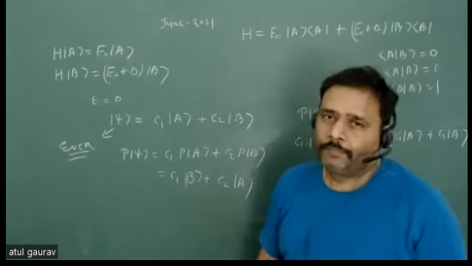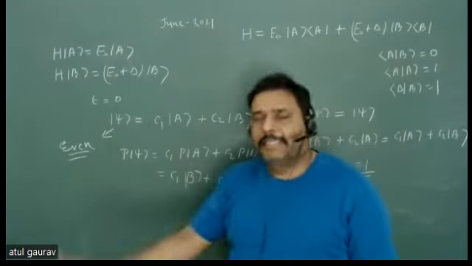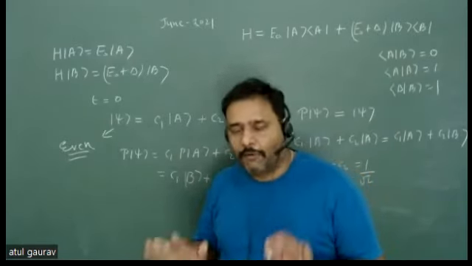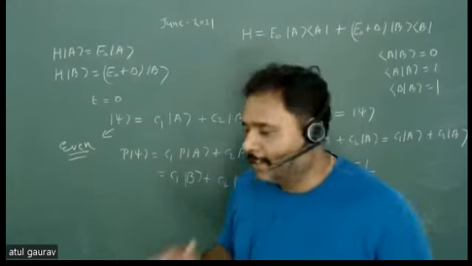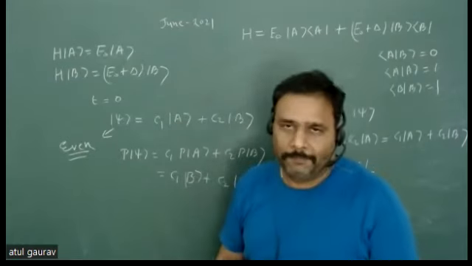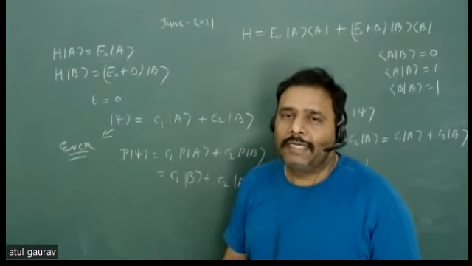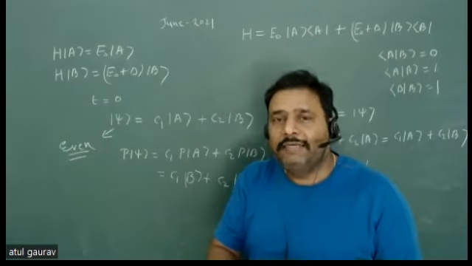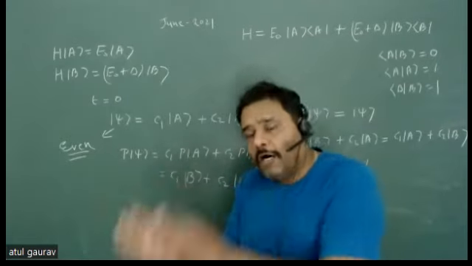Now, what is the next part of the story? Look at this conceptual question for your exam. The next part is: after what time t will psi t have odd parity?